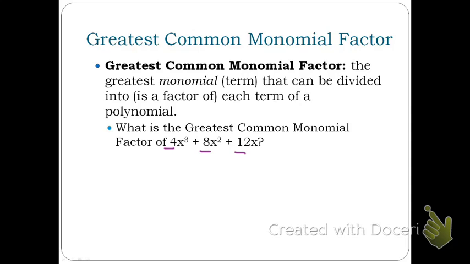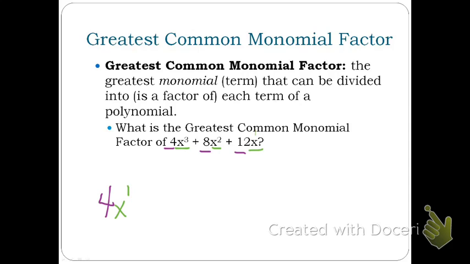The biggest number you can divide all of them by is 4. Then you look at the variables and ask yourself, what is the smallest degree of the variables? Well, the smallest degree is x to the first. So your greatest common factor would be 4x to the first, or just 4x.